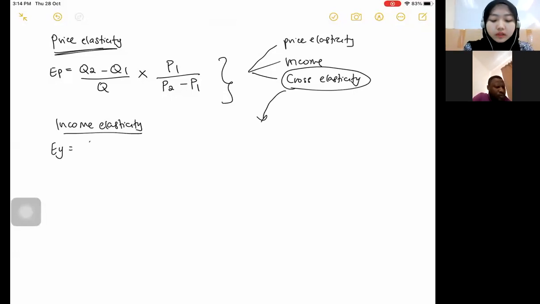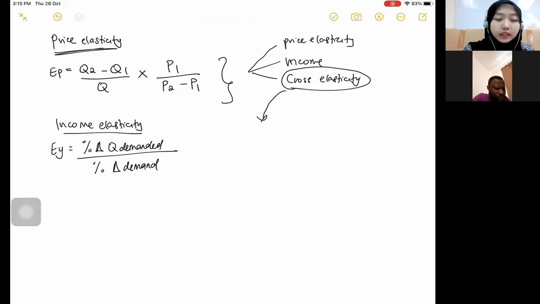This is the formula for income elasticity. If they give you percentages, like last time in the class, the question asked you to calculate income elasticity but gave the percentage of the changes. And then we have cross elasticity.